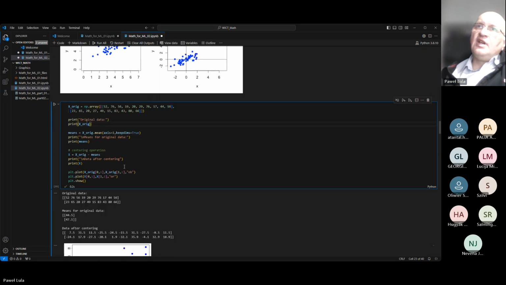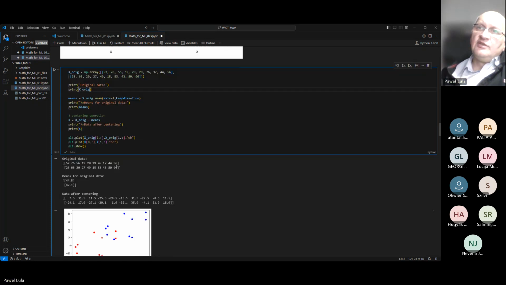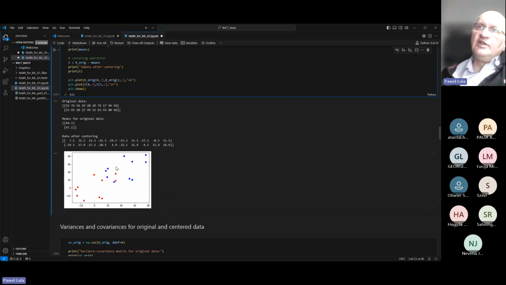And I presented these points graphically. The original data are here as blue points. And after transformation, I presented them again as these red points.